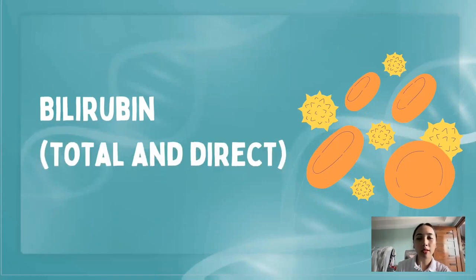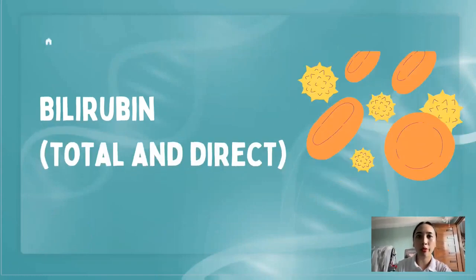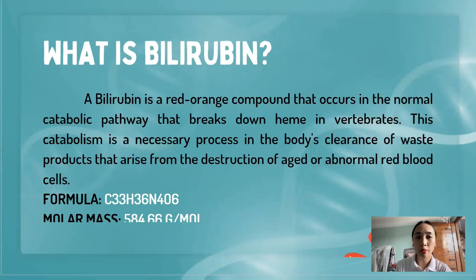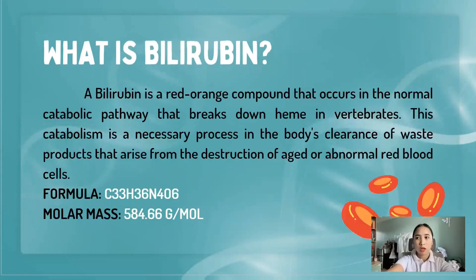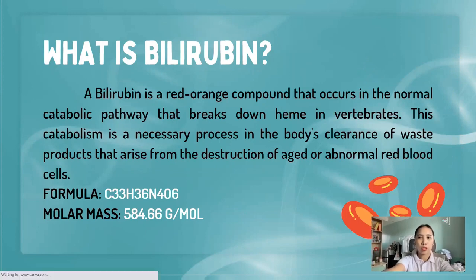Now, let's tackle the total and direct bilirubin, but before that, what is bilirubin? Bilirubin is a red-orange compound that occurs in the normal catabolic pathway that breaks down heme in vertebrates. This catabolism is a necessary process in the body's clearance of waste products that arise from the destruction of aged or abnormal red blood cells.